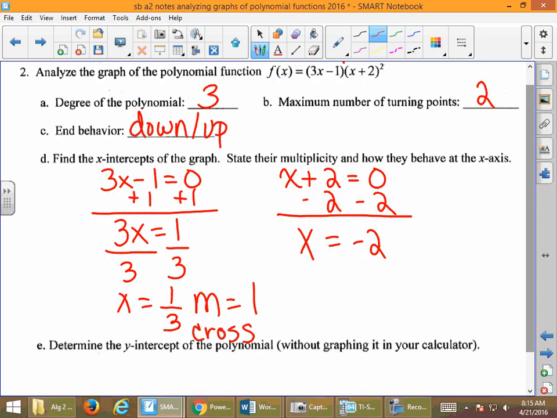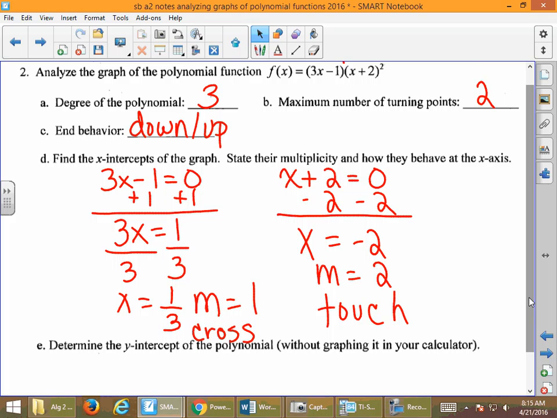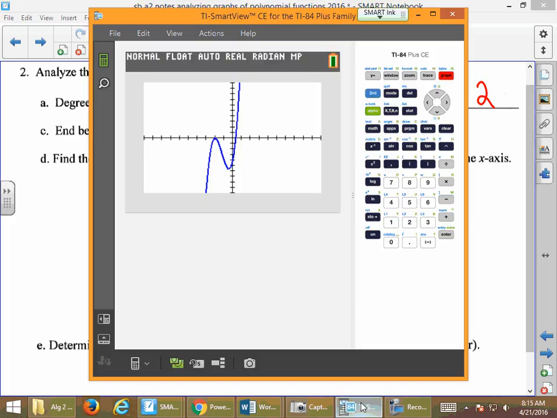That came from the parentheses that has x plus 2 in it. What's our multiplicity? It's also 2, coming from that exponent. And when our multiplicity is even, do we cross or do we touch the x-axis? Even means that we touch. And if you forget that, eventually here in a couple minutes we're going to be drawing the picture.